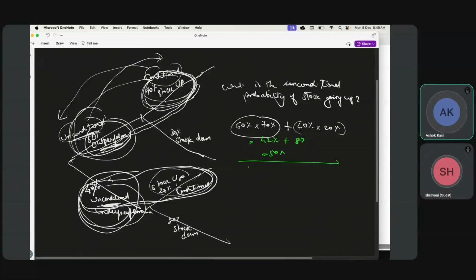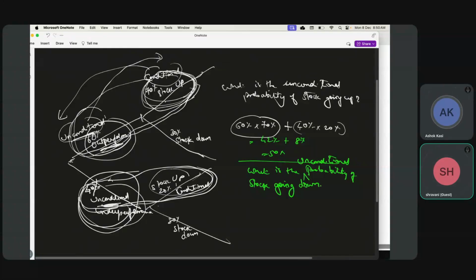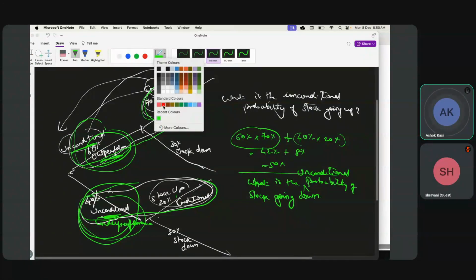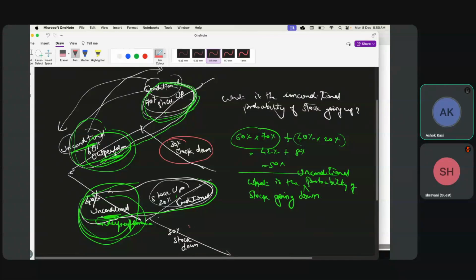Similarly, if I want to calculate the unconditional probability of the stock going down, that will be the stock going down here and going down here.